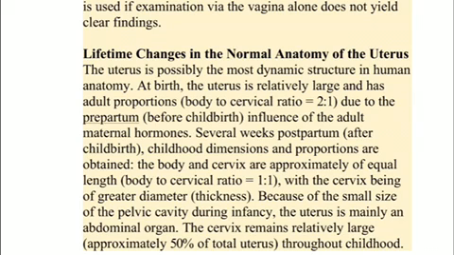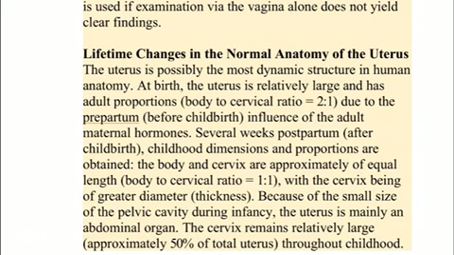The cervix has a greater diameter and thickness in the child. Because of the small size of the pelvic cavity during infancy, the uterus is mainly an abdominal organ. The cervix remains relatively large, about 50% of the total uterus, throughout the period of childhood.